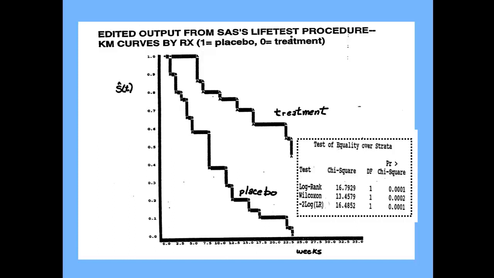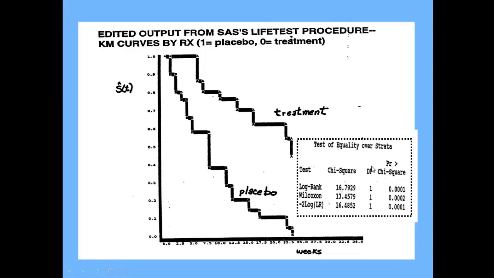In order to get 4.6, I had to divide the placebo hazard by the treatment hazard to get a number larger than 1. Well, in order to do that, I have to define the placebo with a 1 and the treatment with a 0. Otherwise, I'm going to get some kind of comparison that could be less than 1. Okay, so that's why it's 1 and 0. But anyhow, regardless of that, it wouldn't have mattered either way. I would get the same picture.